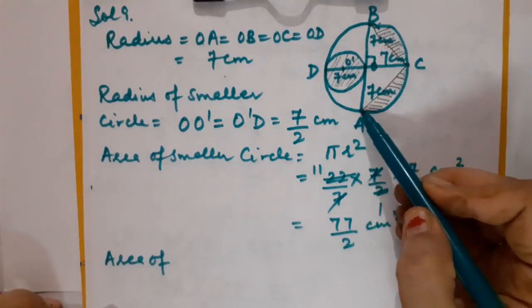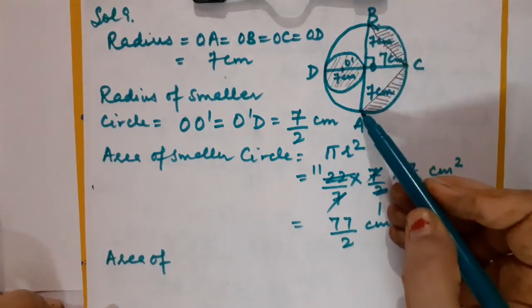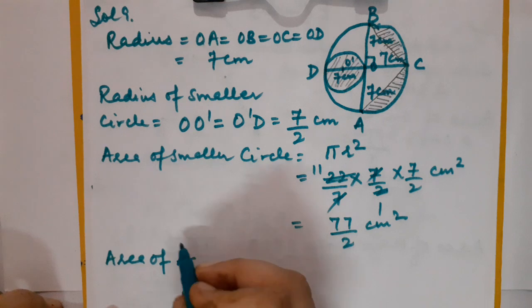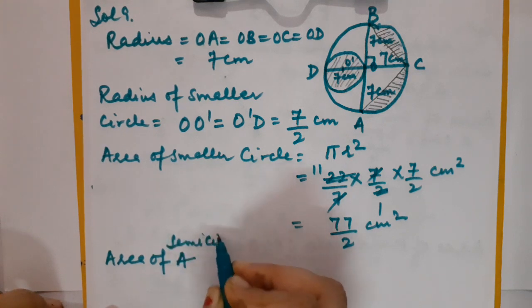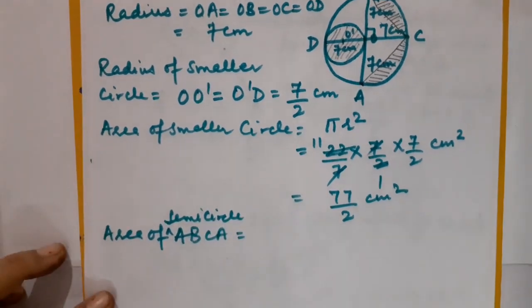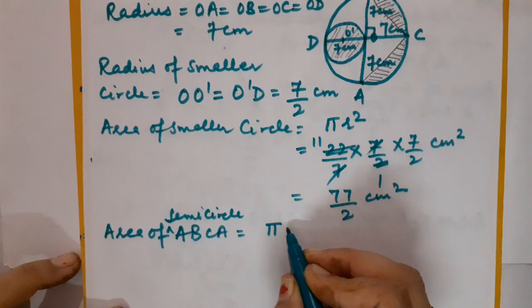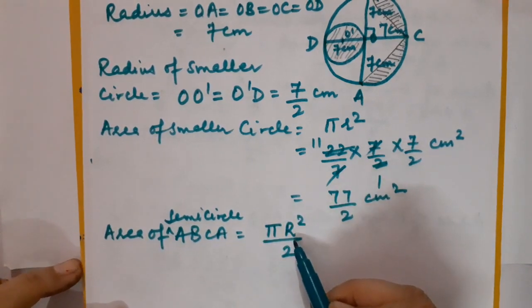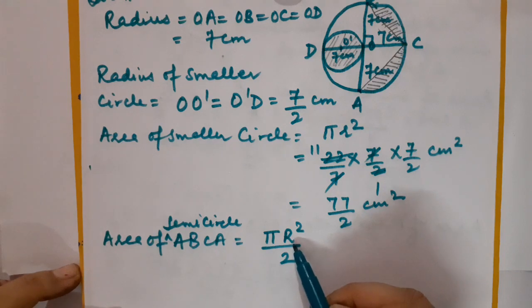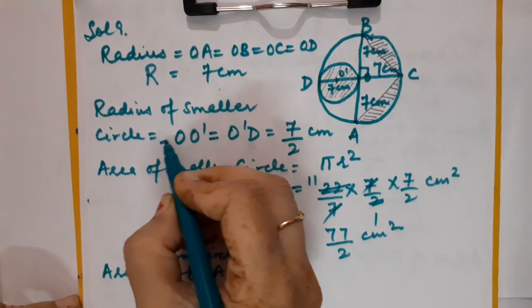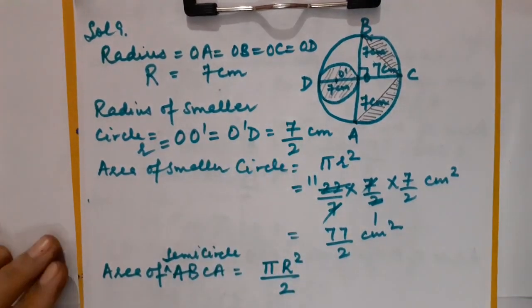Look, this is ABCA, the complete semicircle. Area of semicircle, the formula you know, is pi r square by 2. Here I am going to denote the radius of the bigger circle by capital R and the smaller one by small r. Correct?